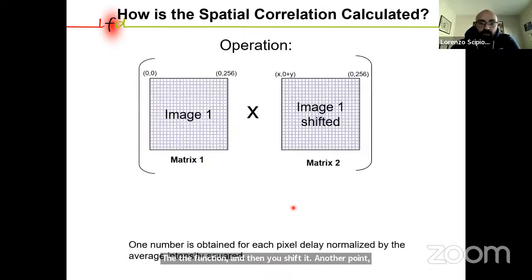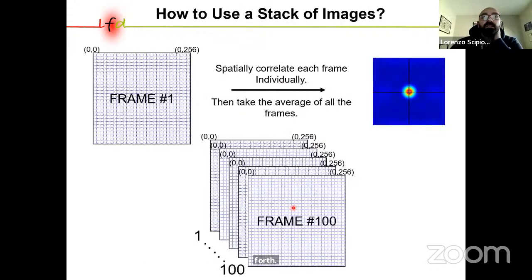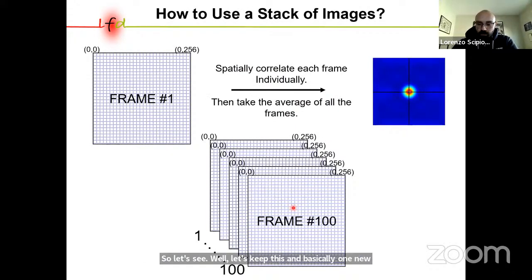Since your data will be very noisy, you typically collect a number of frames. You compute the spatial autocorrelation function in every frame, and then you average all the information to get an autocorrelation function that looks sort of like this.